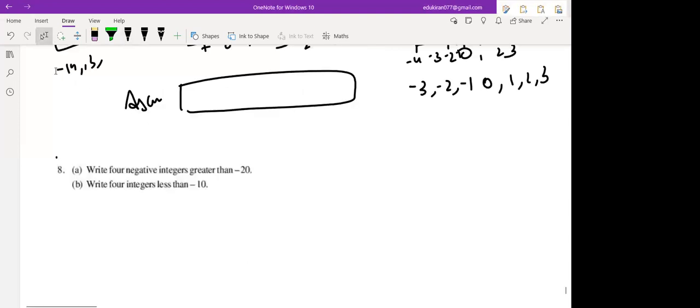Here you go. Write 4 negative integers greater than minus 10.